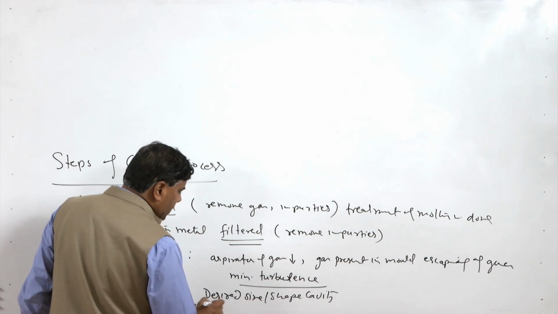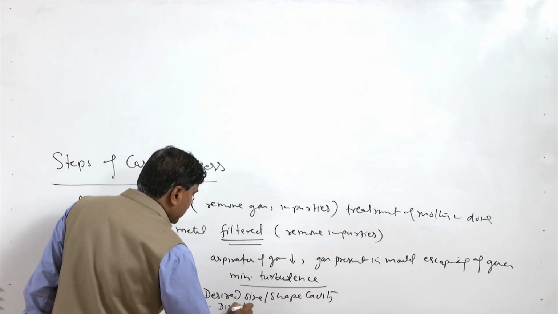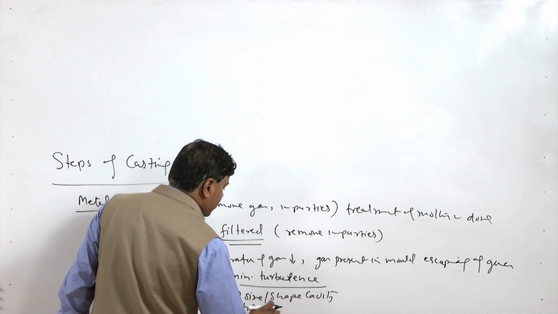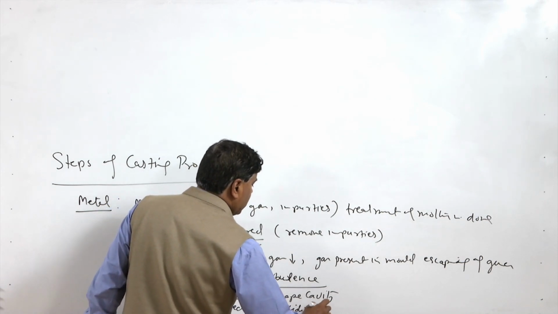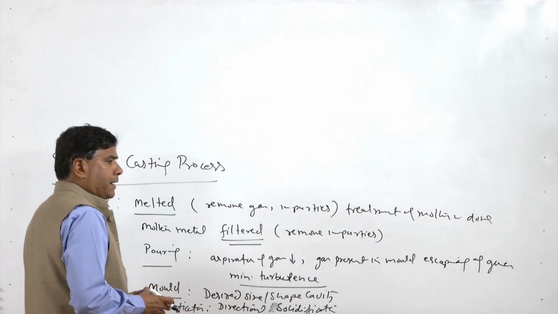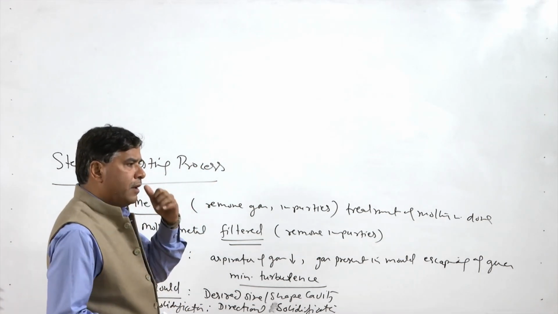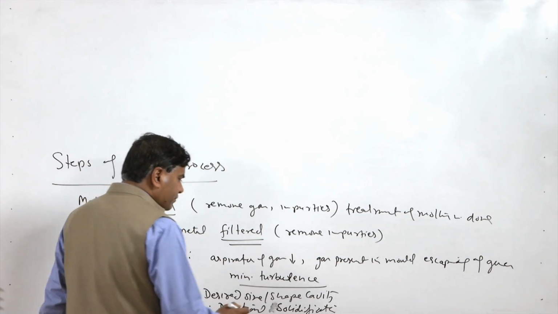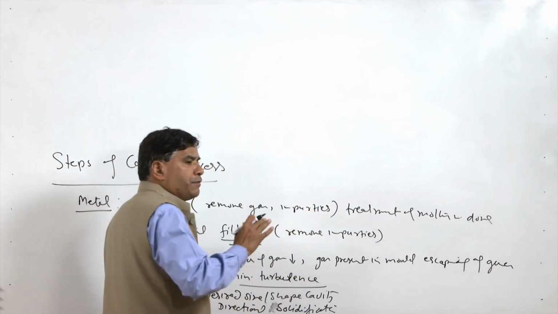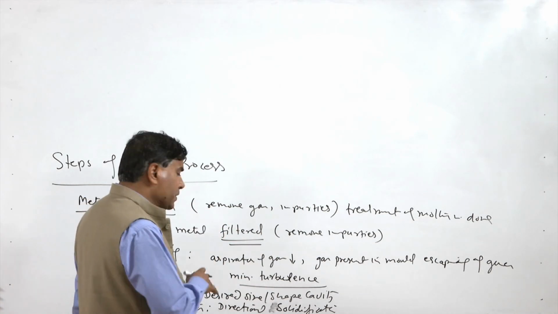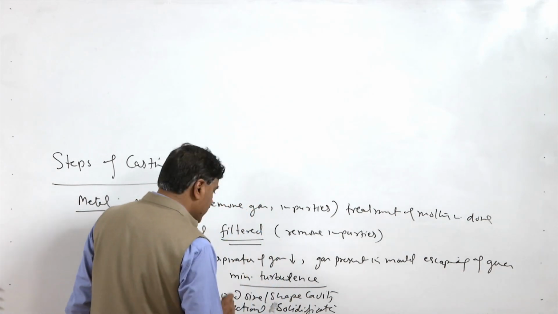Solidification is normally desired to be of the directional type. Directional solidification is desired so that all the impurities and gases start floating, or they get a passage to escape from the molten metal, and whatever cavity is formed due to the shrinkage of the molten metal is filled in effectively by the molten metal from the riser.